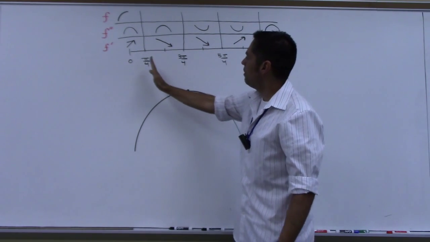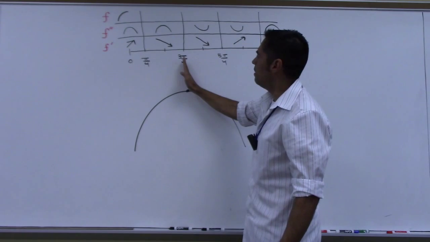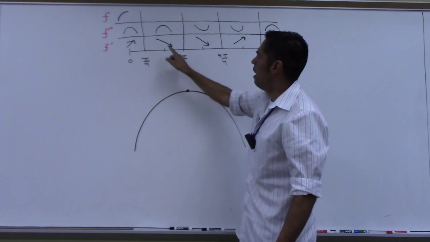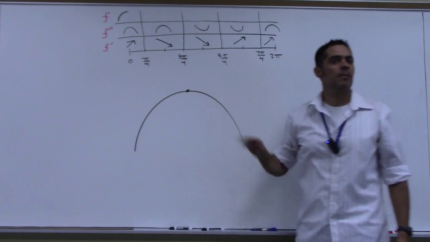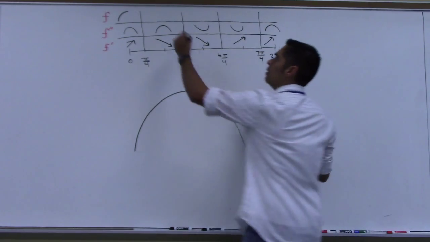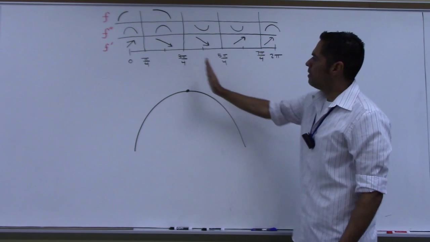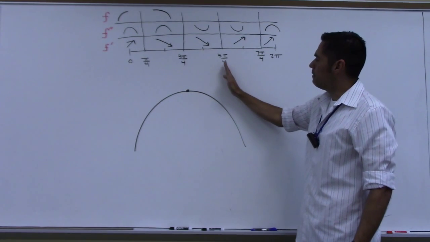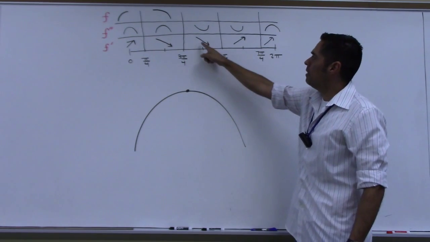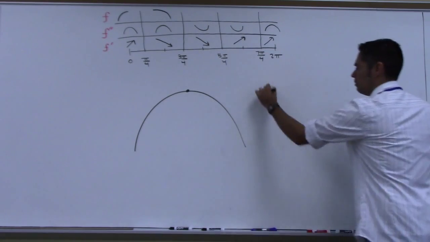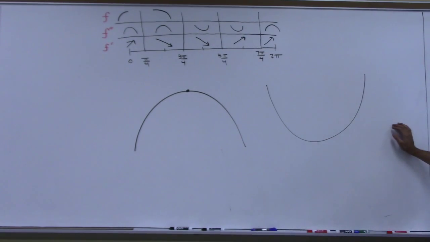How about between pi over 4 and 3 pi over 4? I must be going down the frown, so the right side of a frown. Between 3 pi over 4 and 5 pi over 4, I must be going down a smile. Which side of the smile is it? Left side.